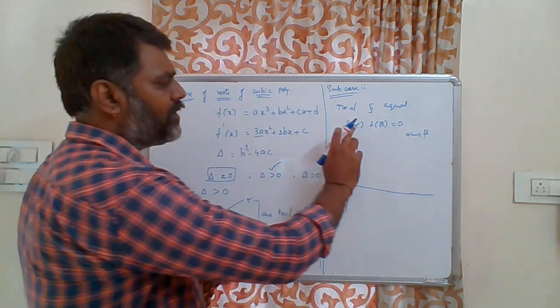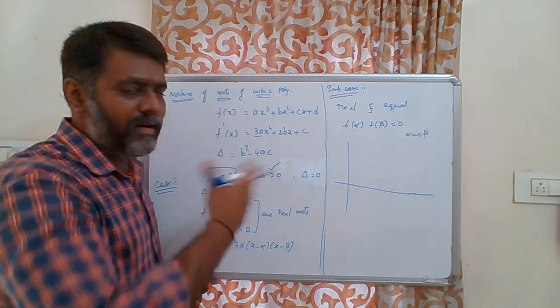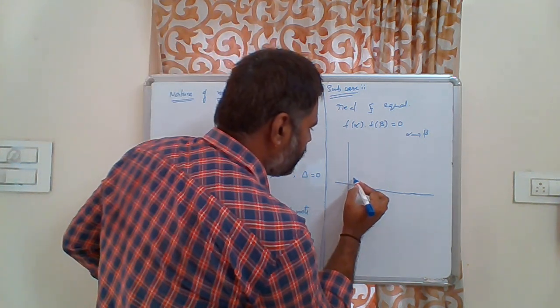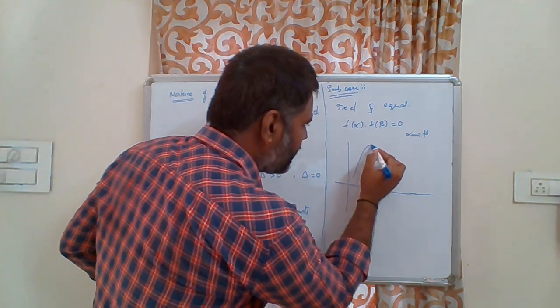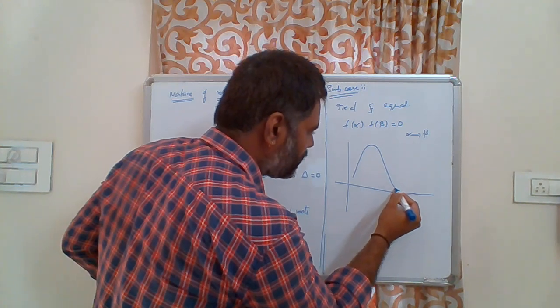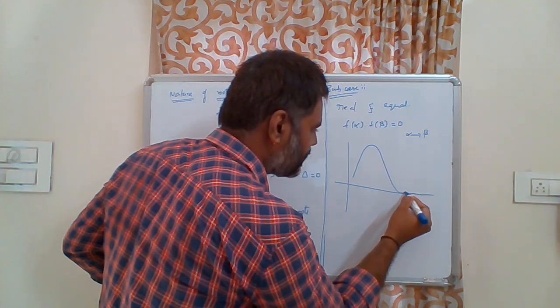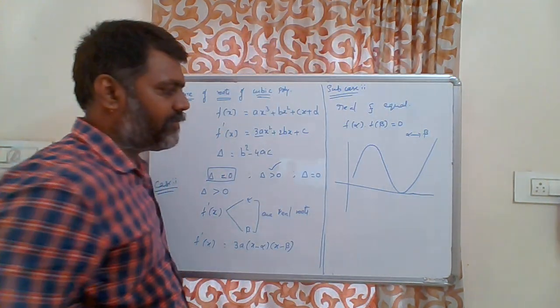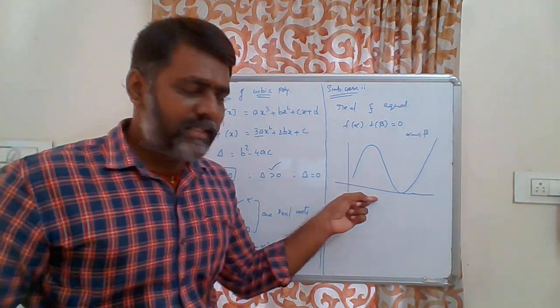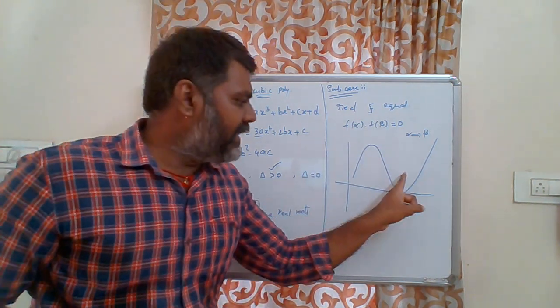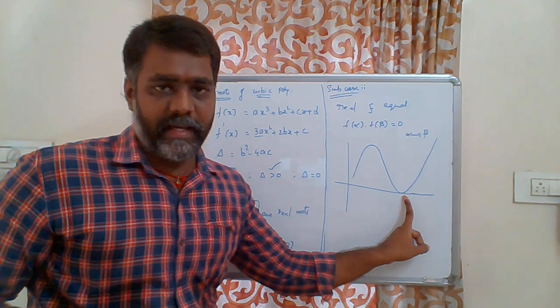Let us see, out of these two, which one is 0, alpha or beta? Let us see the graph. If alpha is above the x-axis, then the graph will be like this, and beta touches the x-axis.